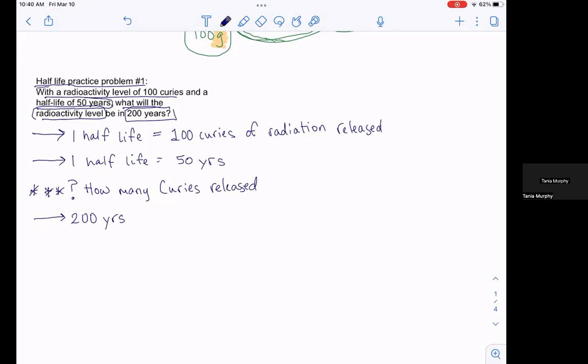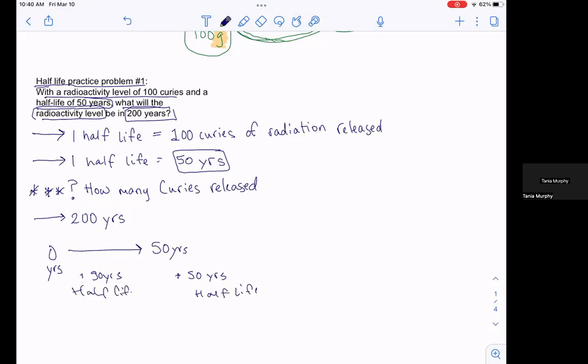We can make sense of this if you haven't already. I'll show you. Let's start at 0 years, and let 50 years pass because that's our half-life. We're at 50 years. After another 50 years, which is another half-life, that takes us to 100 years.